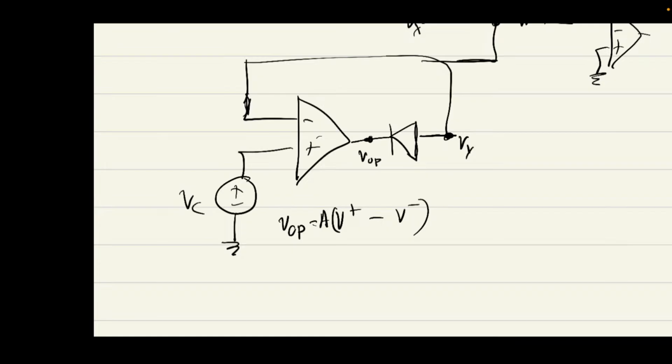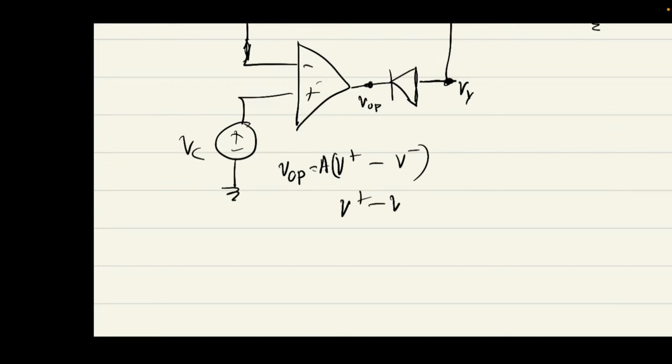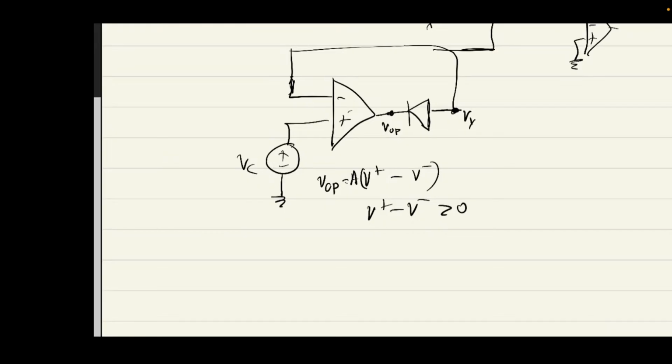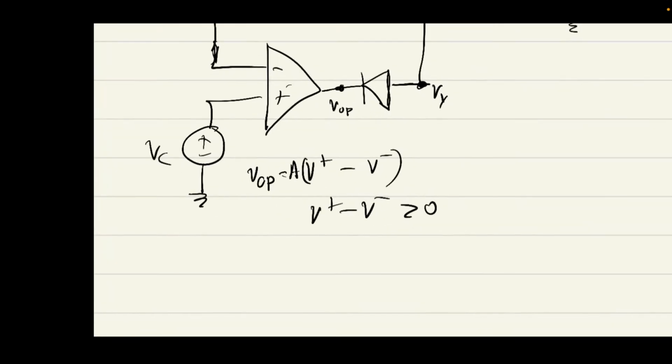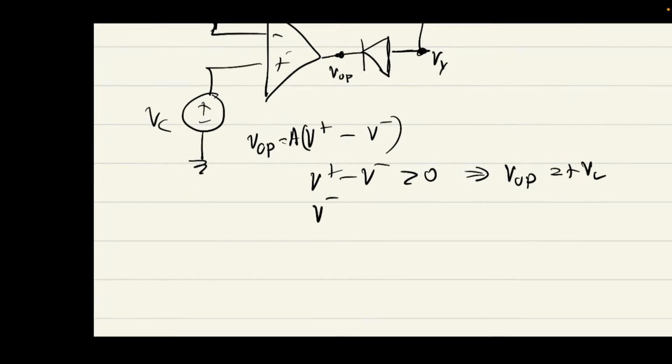So if V plus minus V minus is greater than 0, we can assume that V op is going to be positive VL. And similarly, if V plus minus V minus is less than 0, we can assume that V op is negative VL.